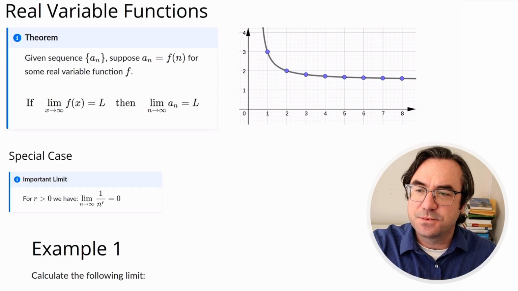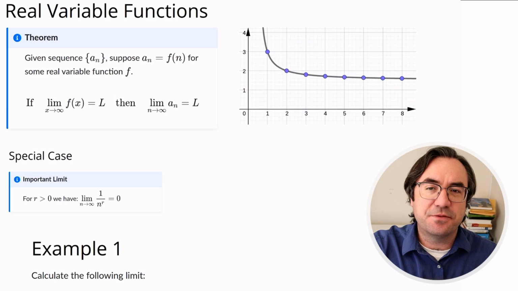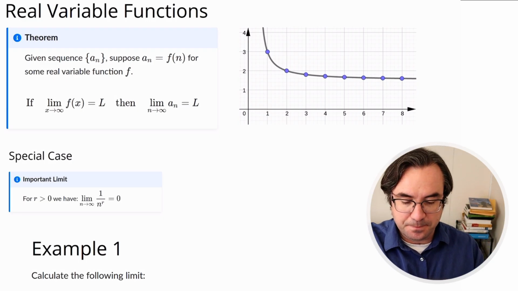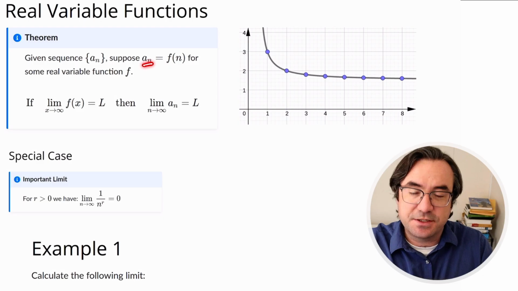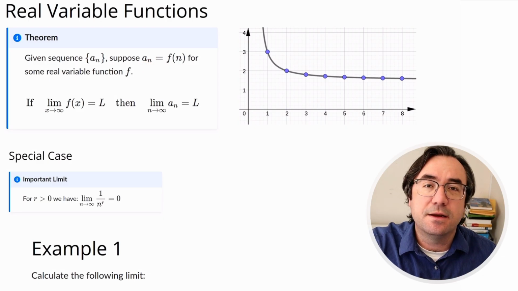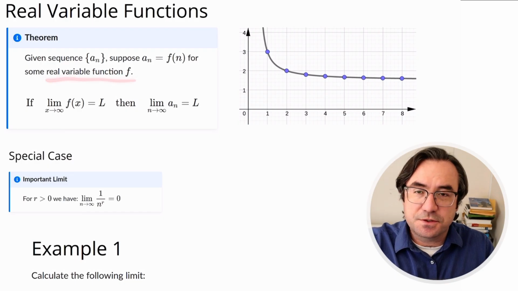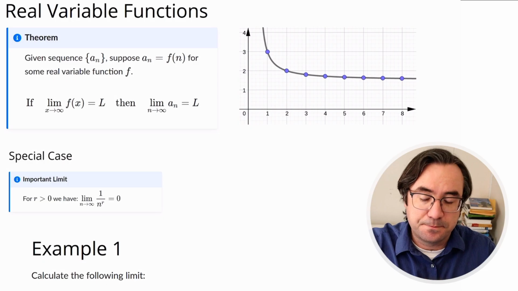It's quite a mouthful, but let's think about what this means. We're viewing f as the formula, the function that generates our sequence. We're just plugging in integer values, but the function works for real numbers in general.